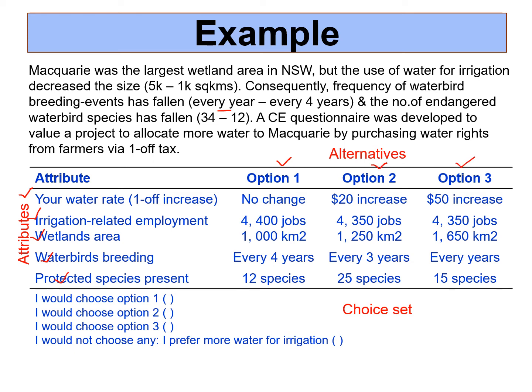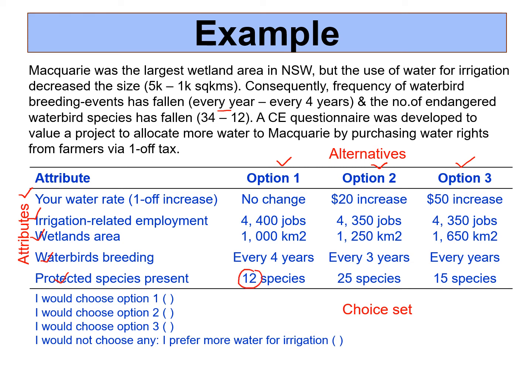For option 1, there is nothing changed here, so you don't have to pay any water rate payment. How about the irrigation related employment? You are creating 4,400 jobs from irrigation employment, the wetland area is 1,000 square kilometers, the waterbird breeding is every 4 years, and you can protect only 12 species.